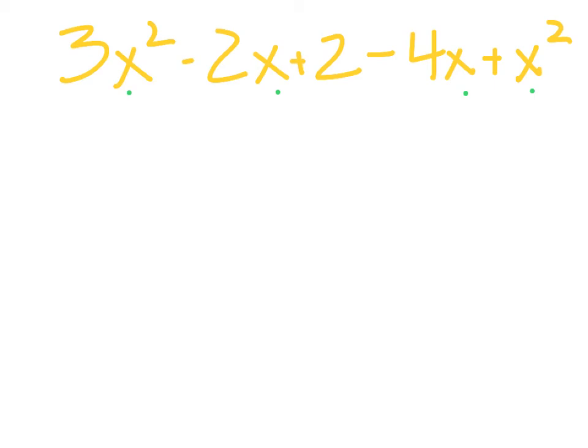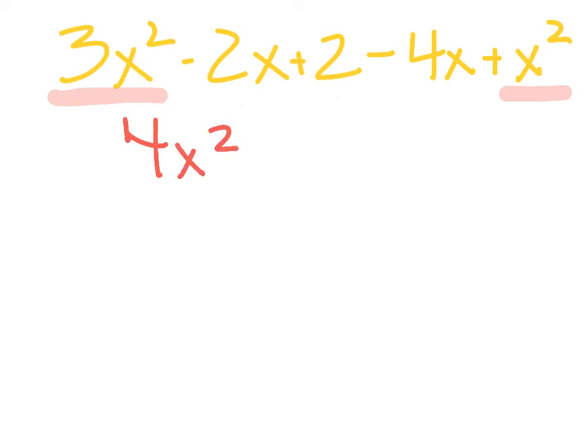Right now there's 1, 2, 3, 4, 5 terms, but we're going to go ahead and simplify by putting the like terms together. And let's see, we look for the ones that have the same variable. This has an x and a squared. This has an x and a squared, so they can go together. And that makes 4x squared.